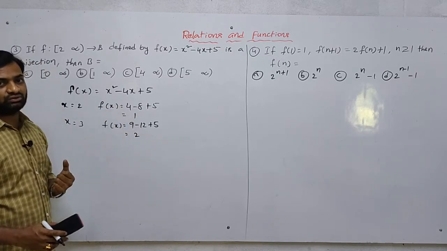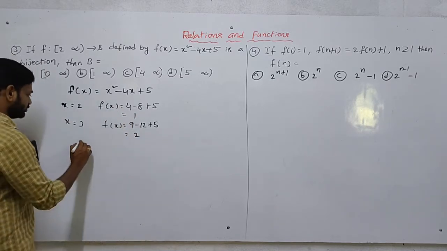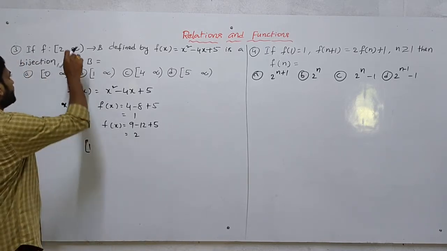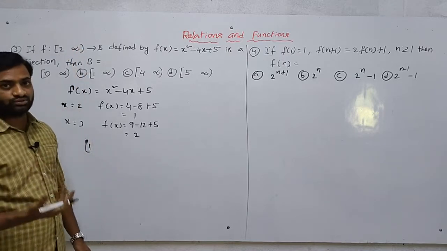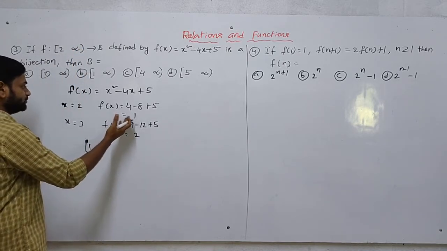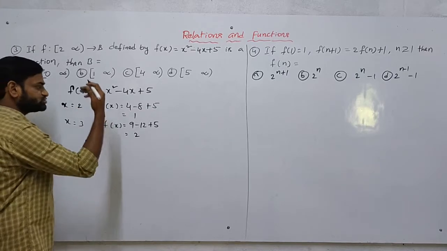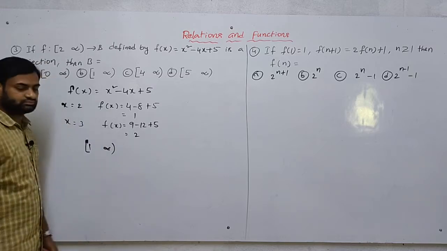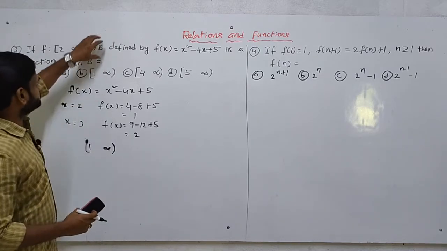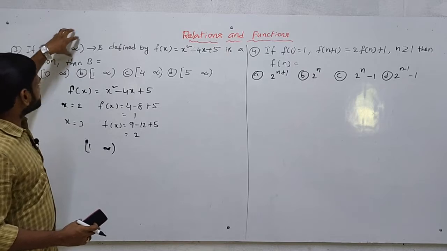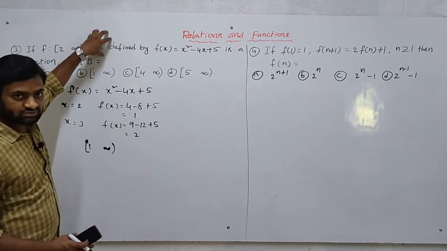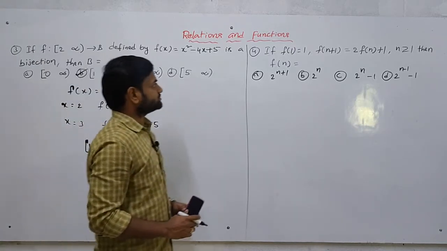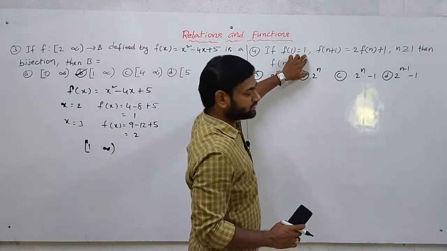That is the starting value, the minimum value. And what is the ending value? It is infinity. If x value is infinity, f of x value is also infinity. So 1 to infinity, that is B. These are the x values, these are the f of x values. So answer is B.